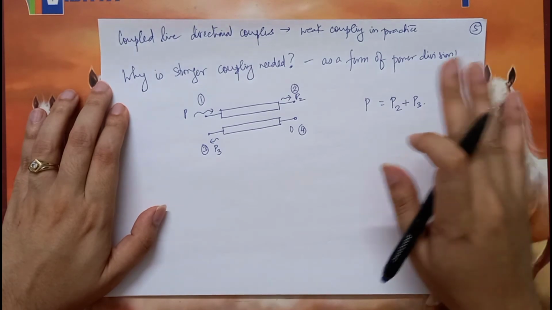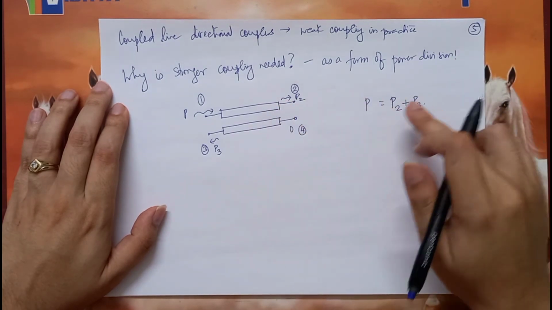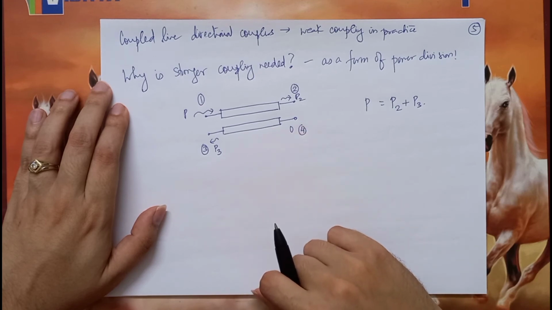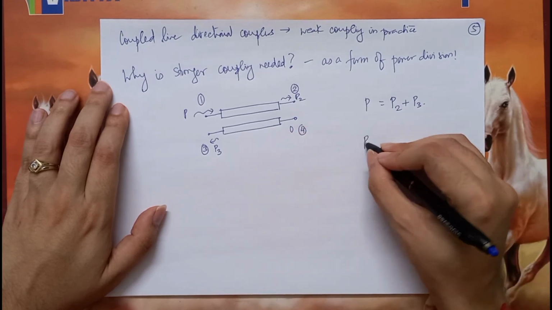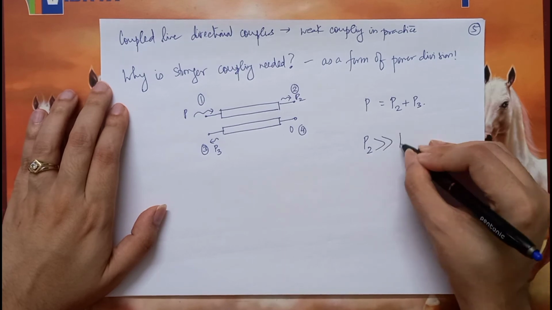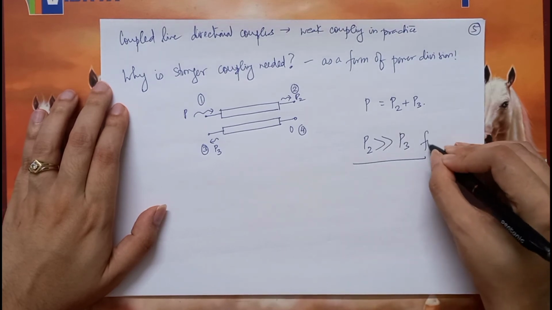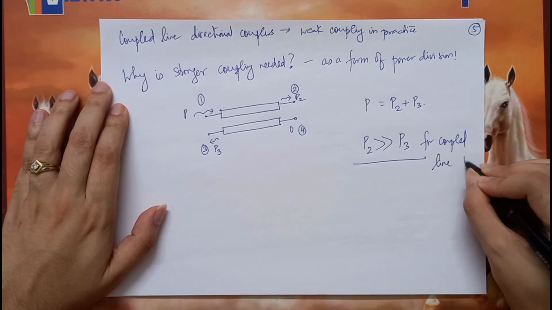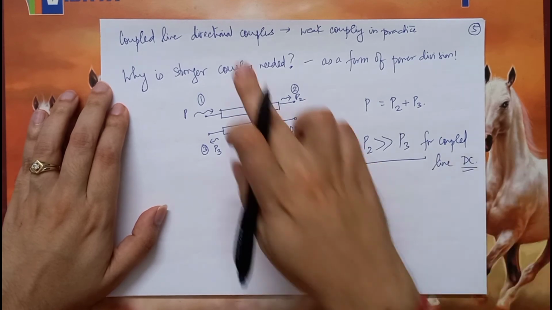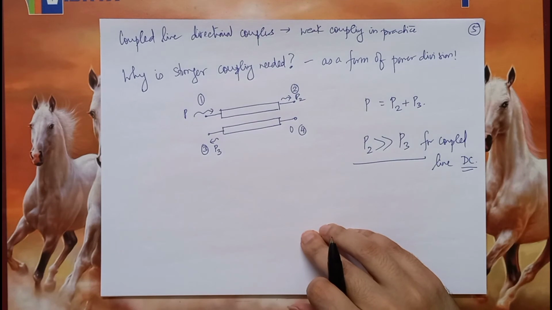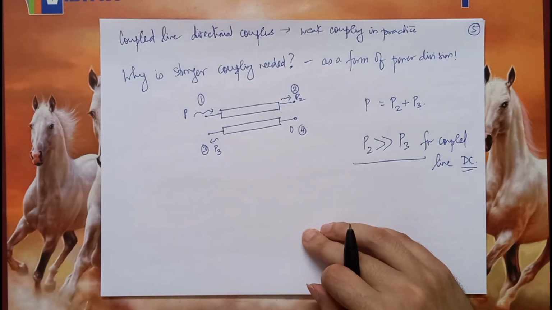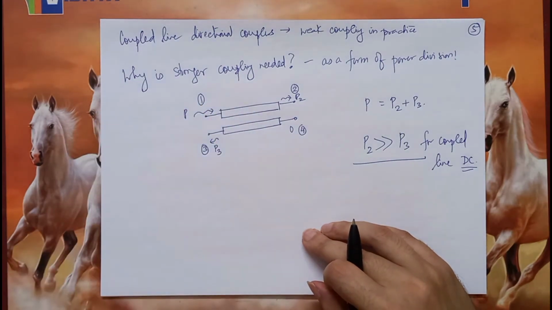So we can choose what is the relationship between P2 and P3 by designing our coupler properly. So for coupled line couplers, P2 is usually much more than P3. Here DC means directional coupler. So much more power reaches port 2 as compared to port 3, because there is no direct path over here.